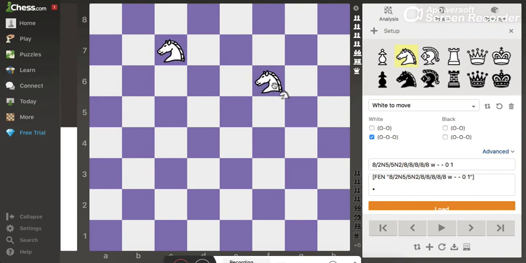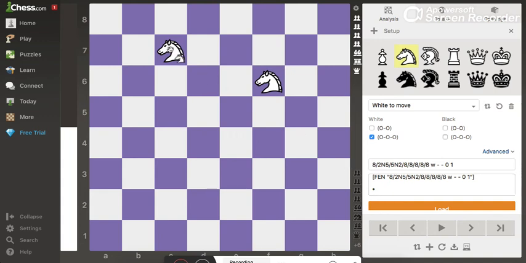Because if you just write a knight to d5, so N d5, and later when you start analyzing your game, you won't understand which knight came to this square. So you will be confused. So this way is a little bit different.